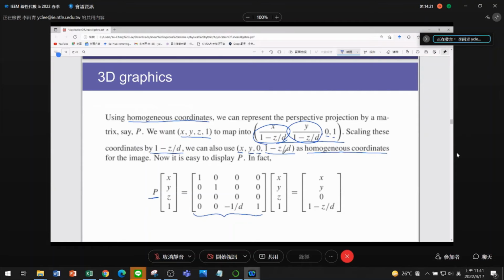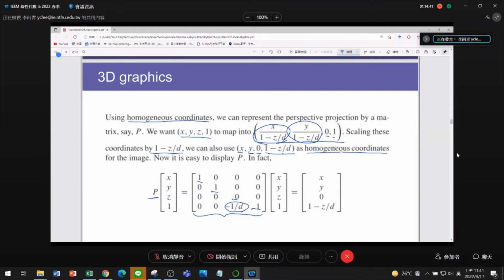And roughly observing it, we can see that I have 1, 1, 0, 1 here, and then there is a minus 1 over d being added to this position.